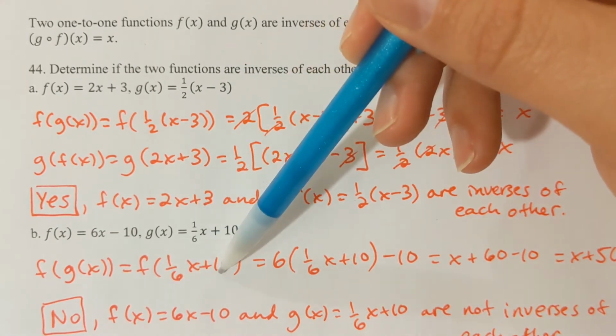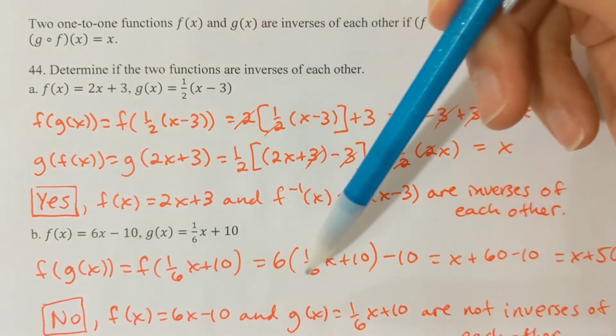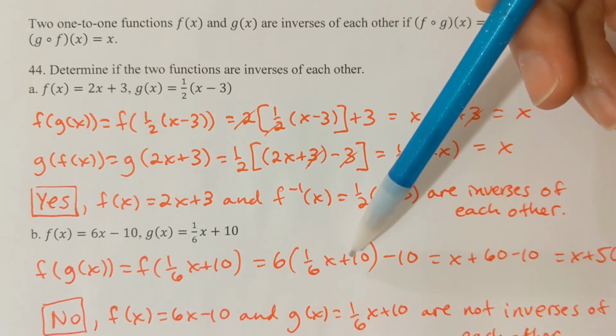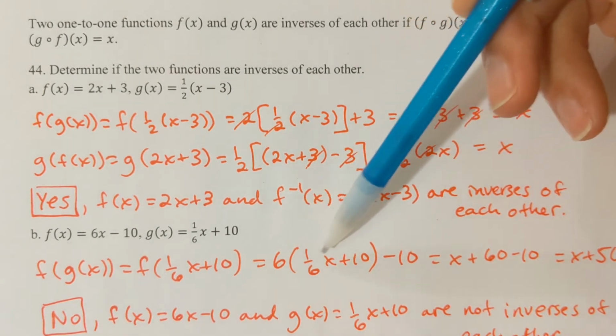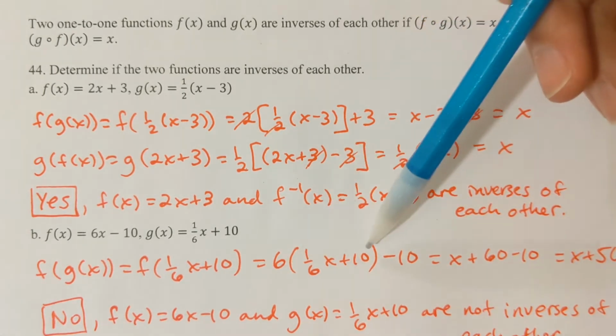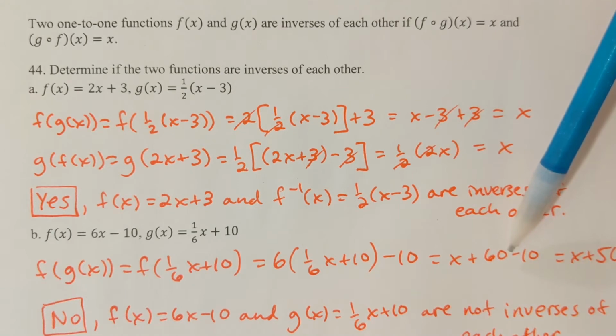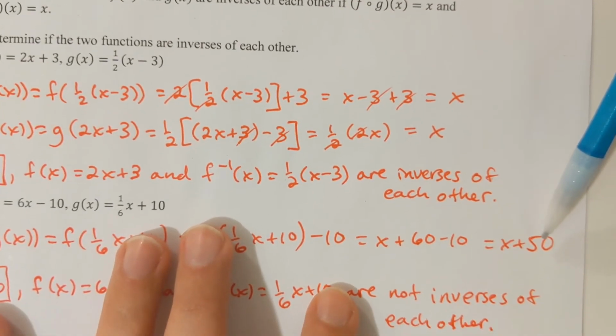Plug that into f. Okay, there's only one x in f. So I got to replace that with 1/6 x plus 10 and then simplify. When you distribute, 6 times 1/6 x is x, and then 6 times 10 is 60. X plus 60 minus 10 would be x plus 50.